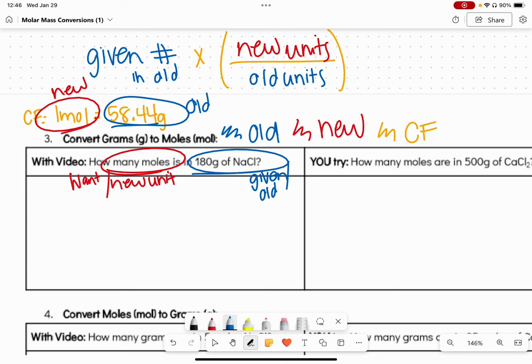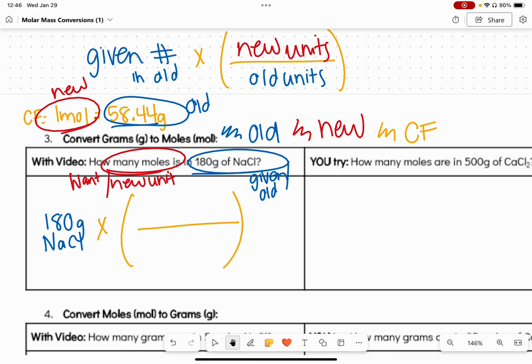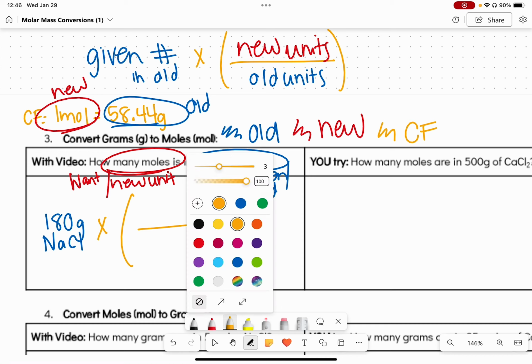So now that we have all the information we need and we know where to go, we can set it up. We're going to start by putting our given number out front, which is 180 grams NaCl, and we're going to multiply it by our conversion factor.